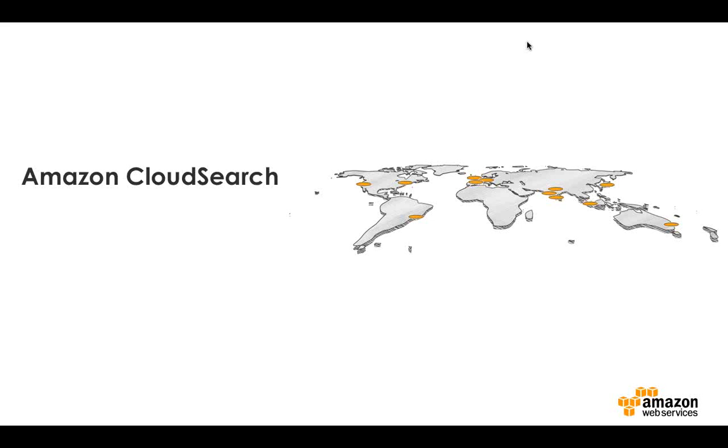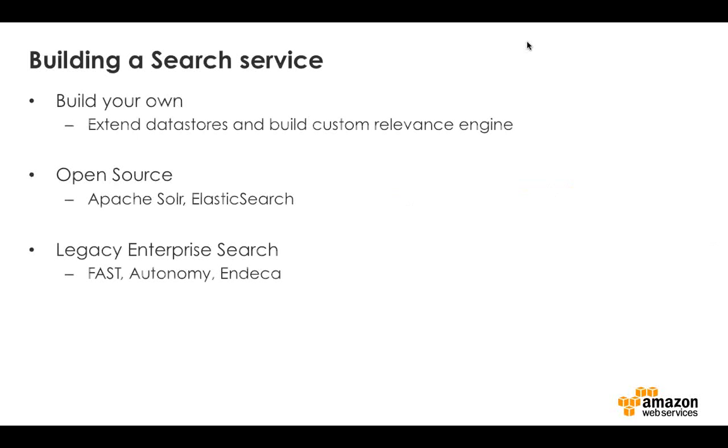So we're going to move into talking a little bit about Amazon CloudSearch. Starting off with, okay, so this search stuff is great, and how do I go about doing it? Well, there are a number of different ways that you can add search to an application. First of all, you can build your own. We do see this quite a bit, especially because databases have a search capability.